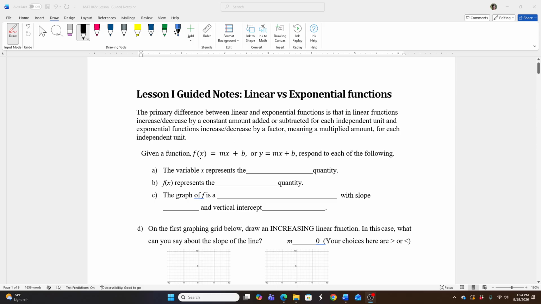Now, given the function f of x equals mx plus b, or you may have heard that as y equals mx plus b, we have certain parts of this equation that tell us it's a line. The variable x represents the independent variable or quantity. And the f of x on the left side, or the y, represents the dependent variable or quantity.